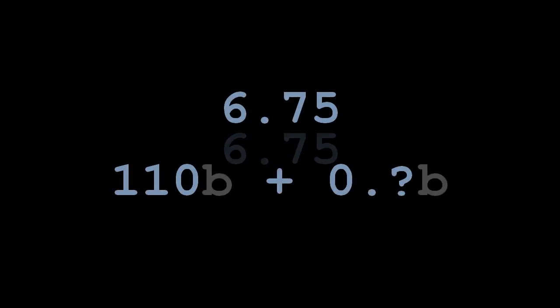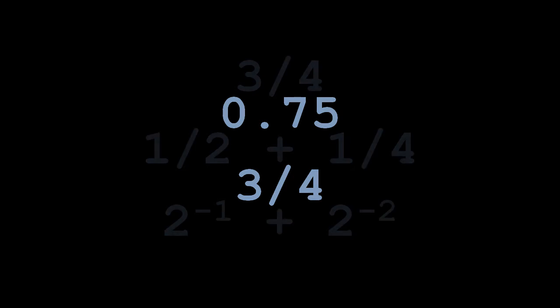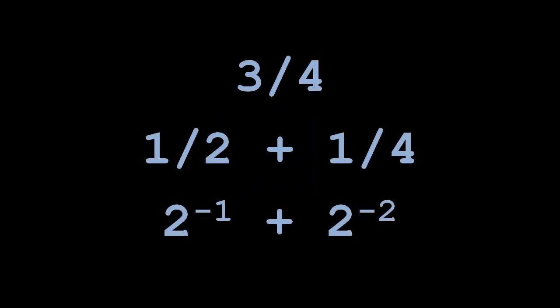As a final exercise, let's try and take this number and put it into floating point. First, we need to express this in binary. The integer 6 is made up of the powers of 2, 2, and 4, so we know in binary it's 110. To convert the fractional component, it's actually easiest if we first express it in its rational form. So 0.75 is equal to 3 over 4. 3 over 4 is the sum of the powers of 2, 1 over 2, and 1 over 4, which are 2 to the negative 1 and 2 to the negative 2.